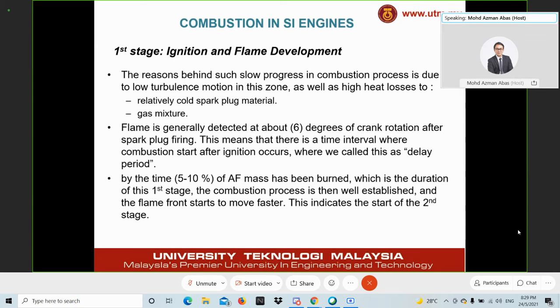By the time 5 to 10% of the air fuel mixture has been burned, which is the duration of the first stage, the combustion process is well established, and the flame front starts to move faster as it penetrates into the second phase. This indicates that combustion has entered the second stage, which is flame propagation.